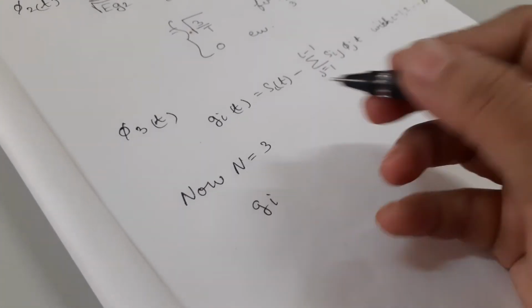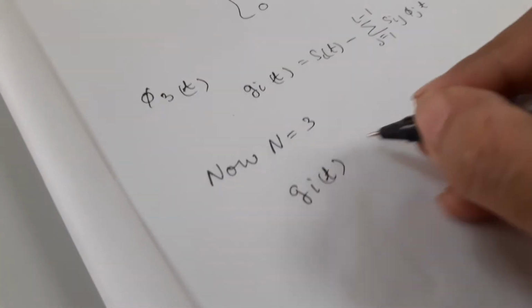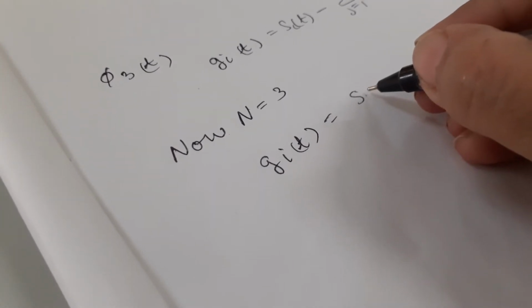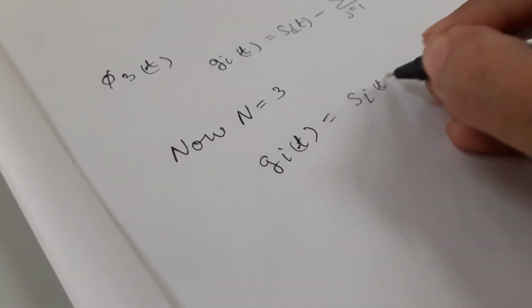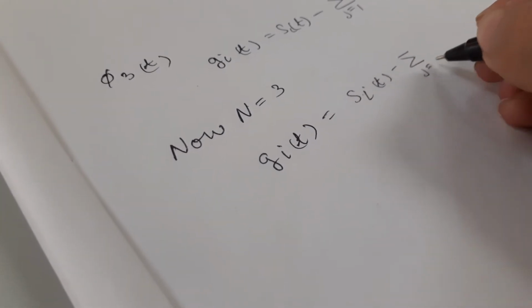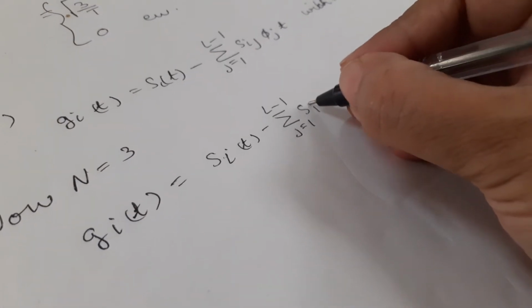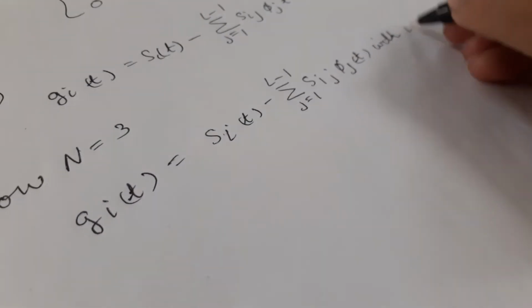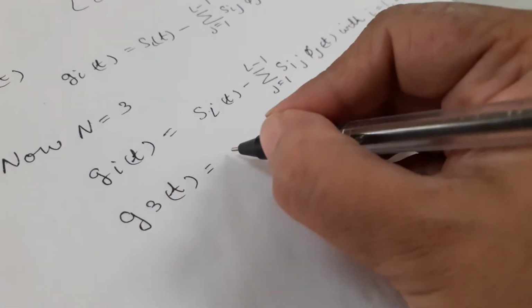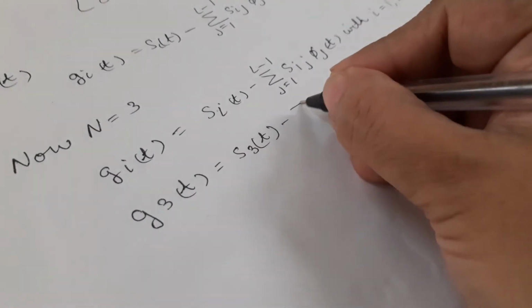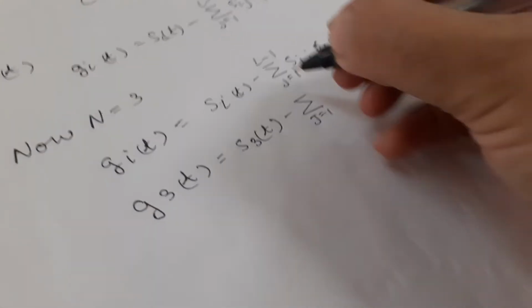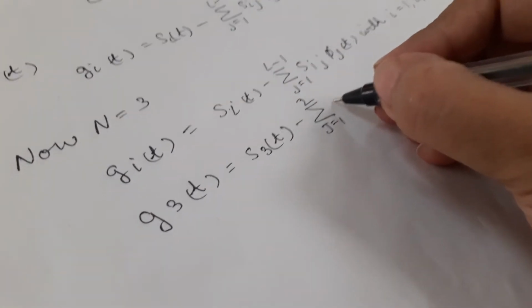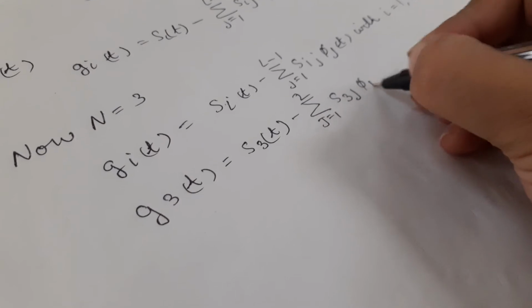So putting in this equation, g_i of t is equal to s_i of t minus summation j equal to 1 to i minus 1 of s_ij phi j of t with i equal to 1, 2, 3. G3 of t will be equal to S3 of t minus summation j equal to 1 to 2 of S3j phi j of t.